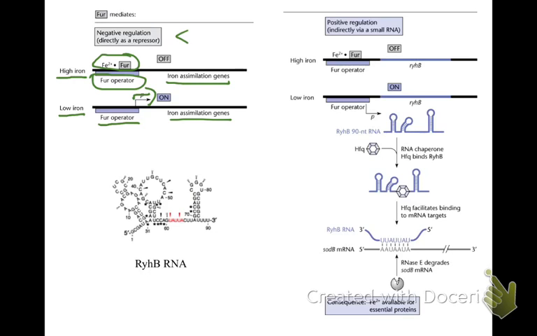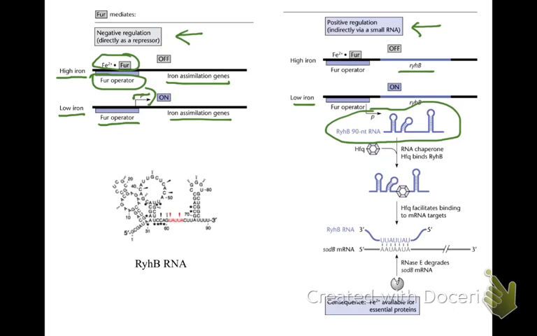So again, the Fer example is an example of negative regulation, and positive regulation is going to involve the system that I was just talking about with Rib. So again, if we have high iron concentrations, no Rib is made. But if we have low iron concentrations, Rib is made, and here is the Rib antisense RNA.